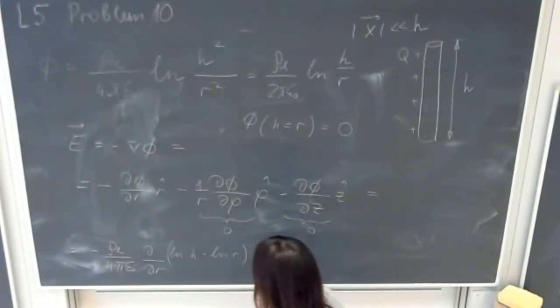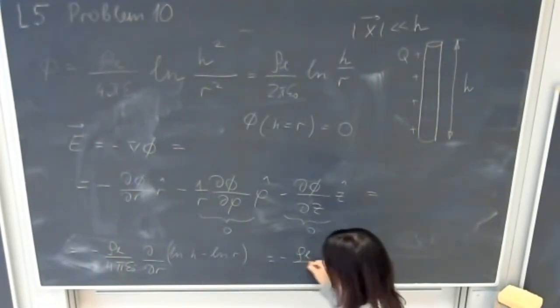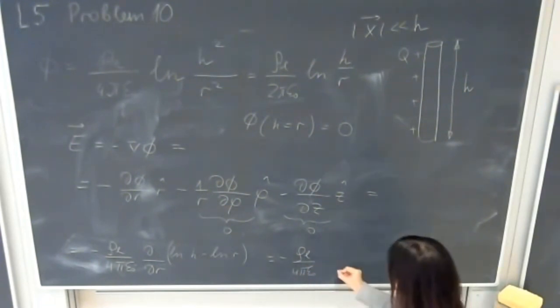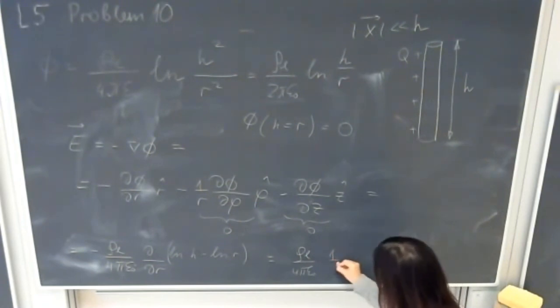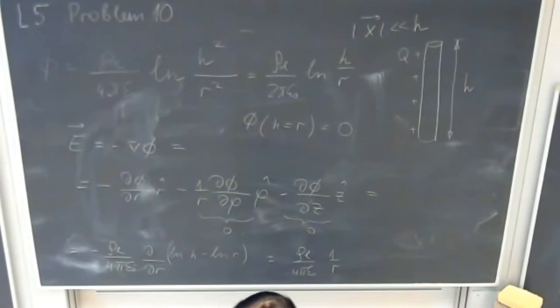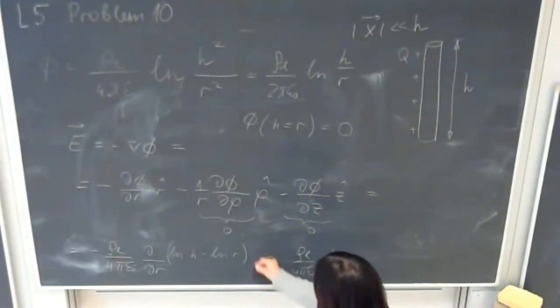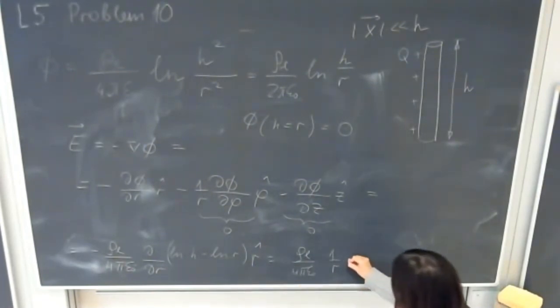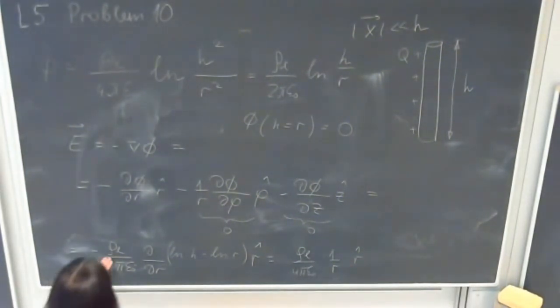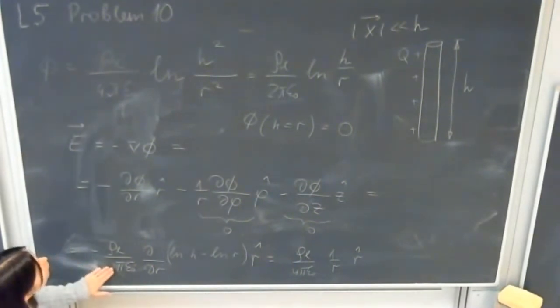So we have left minus minus and then 1 divided by r. So that's in the r direction, of course. That's what I got. 2 pi. Why did I get 4 pi?